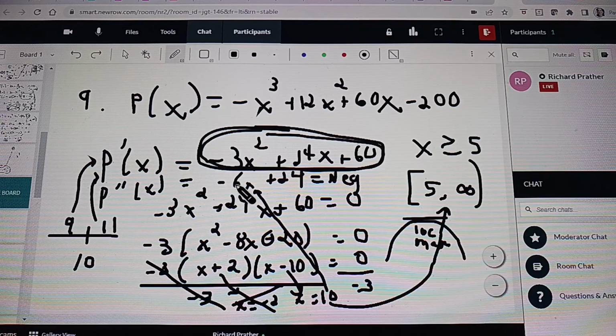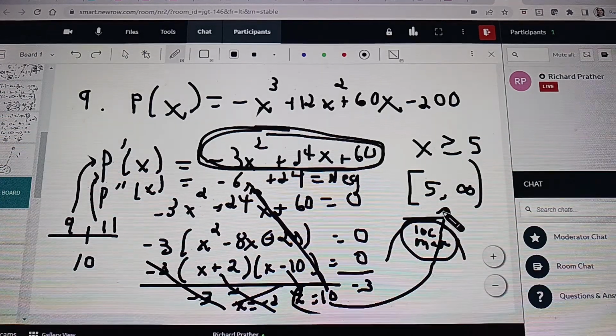I was quickly able to get the second derivative, and I can just plug my critical number into the second derivative. If that comes out positive or negative, then you instantly have a local max or min from one calculation instead of two. But it's always your choice. You can do first derivative tests or second derivative tests anytime you're checking for local max and mins. So by either the first or the second derivative tests, I was able to prove that 10 is a local maximum.